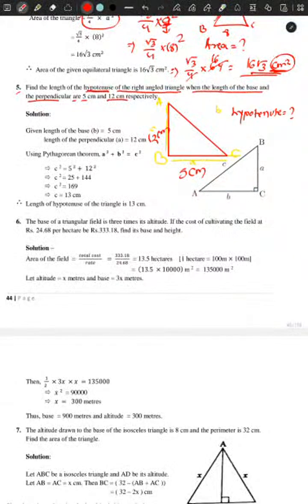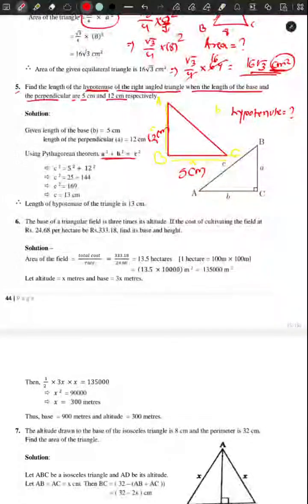Now we can find its hypotenuse by a simple formula, the Pythagorean theorem. The Pythagorean theorem says that a square plus b square equals c square, which means base square plus perpendicular square is equal to hypotenuse square.